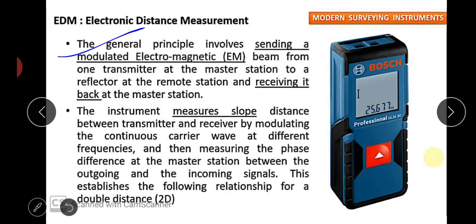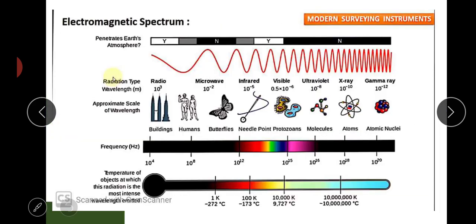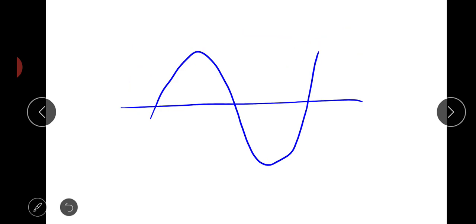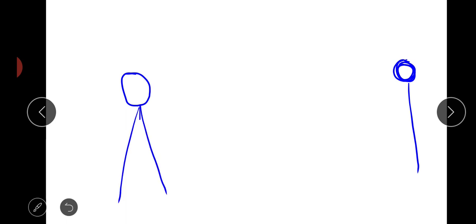To understand this, let me give an example. This is the master station, with a tripod on which the EDM device is kept, and this is a reflector station.